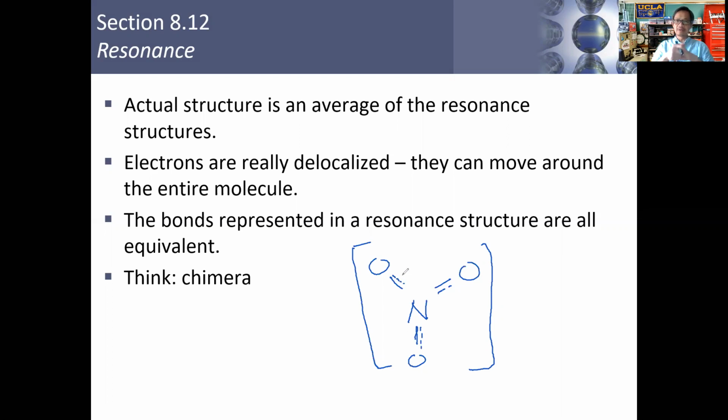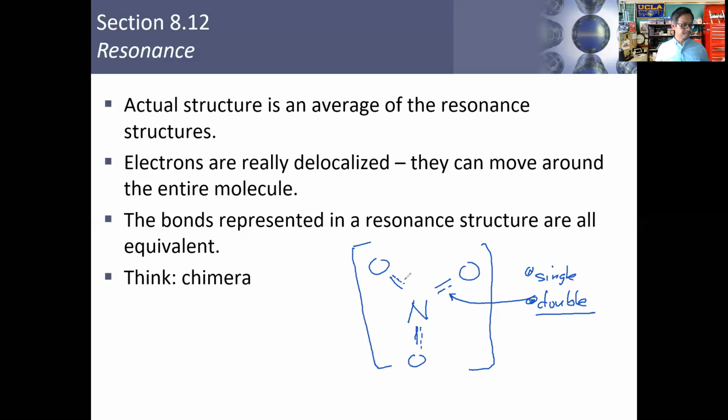You can think of it as a bond of about 1.5, though it's not actually 1.5. The bond energy and the bond length sit somewhere between those of a single bond and a double bond. It's not quite all single, and not quite all double like we had represented in the previous slide. So the bond characteristics of nitrate show that the bond is neither a full single nor a full double bond.